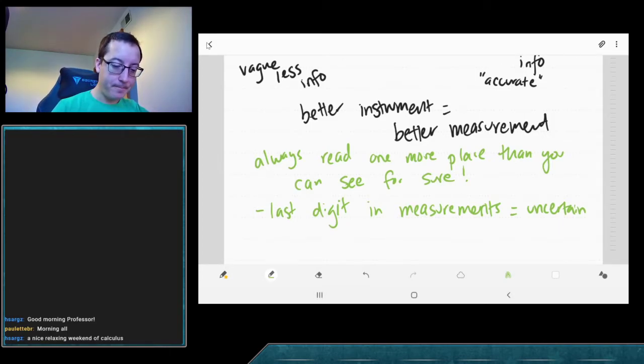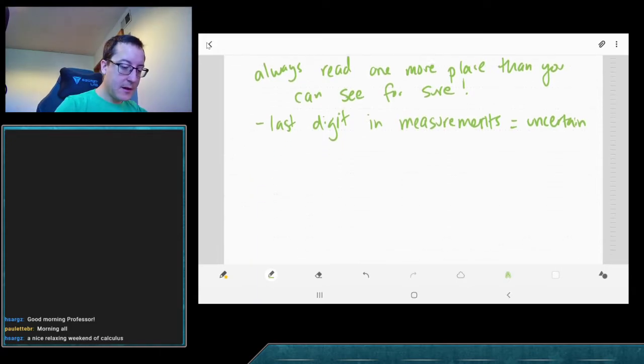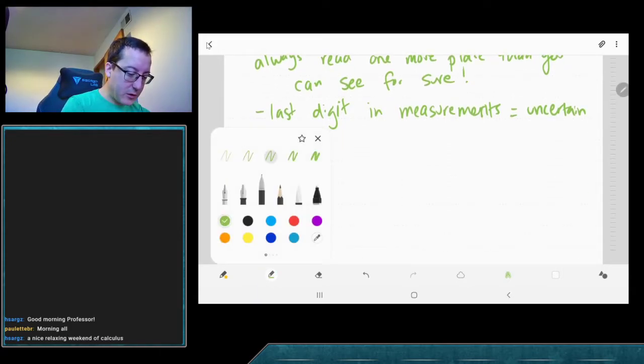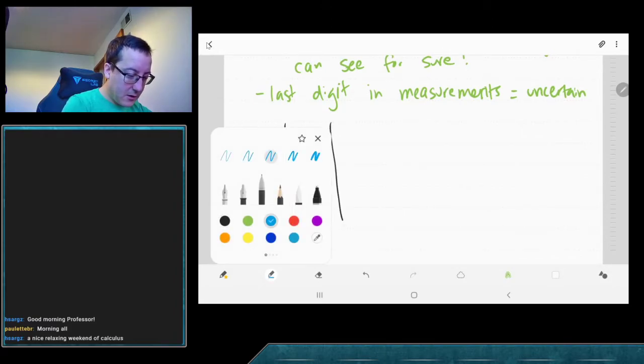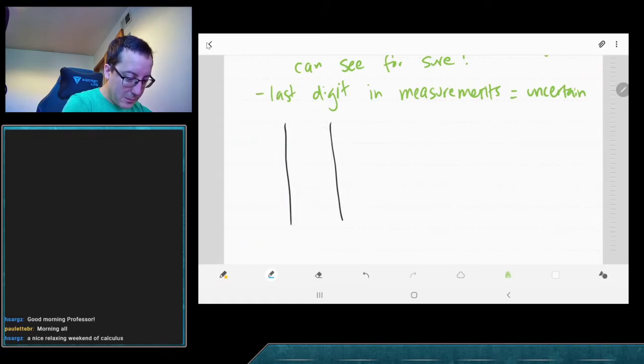So, practice time. Let me draw for you. Let's do a graduated cylinder, because I want to also talk to you about how we can measure liquids.